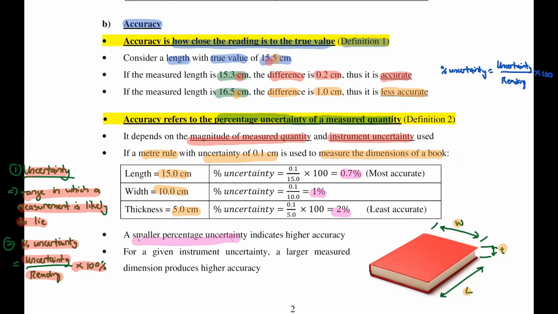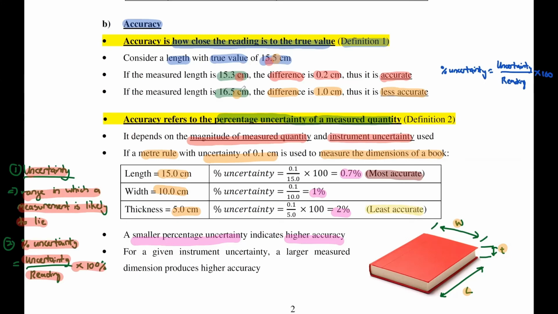The smaller percentage uncertainty would indicate higher accuracy. So right now, 0.7% being the smallest percentage uncertainty here will actually be the most accurate, whereas 2% here being the largest percentage uncertainty will actually be the least accurate.